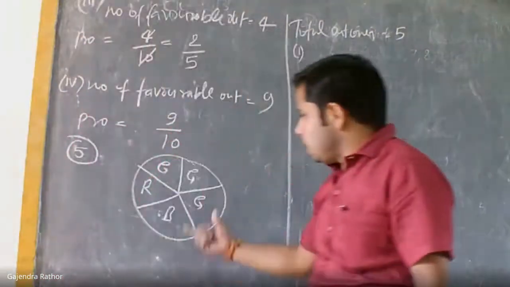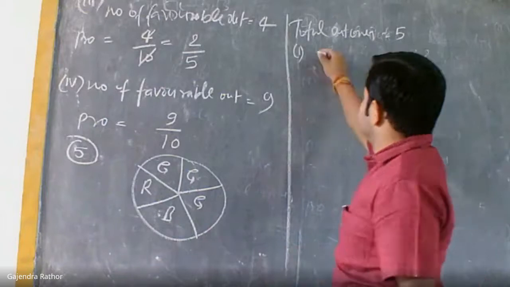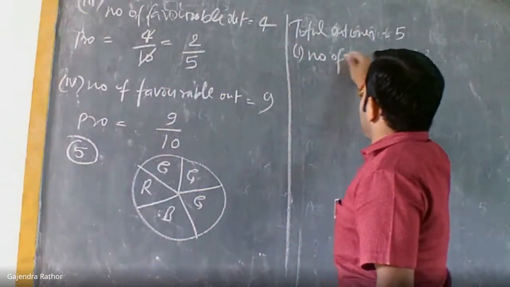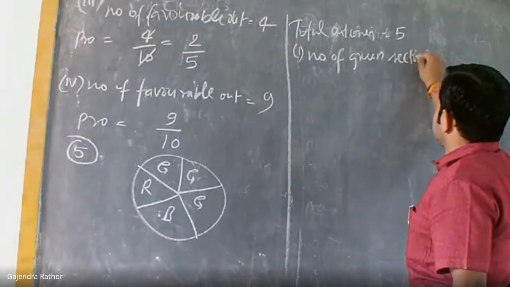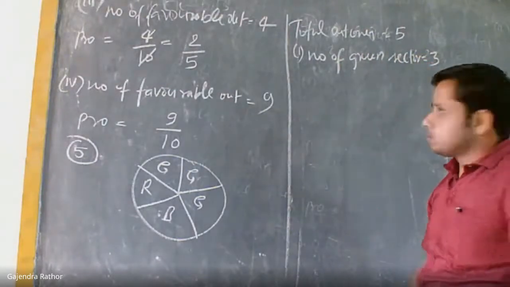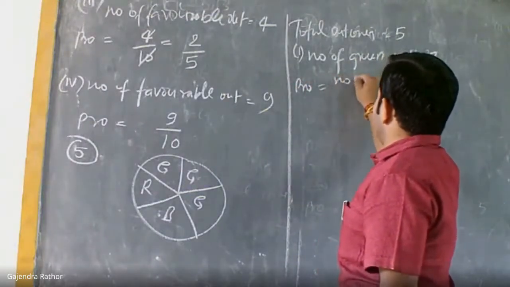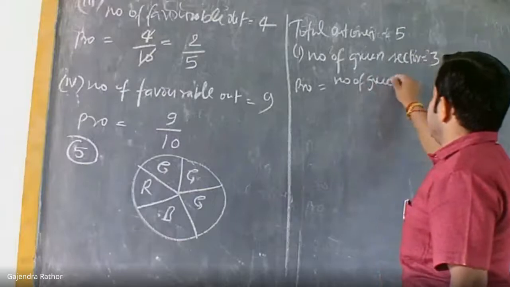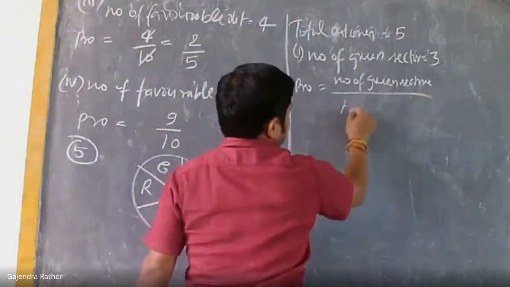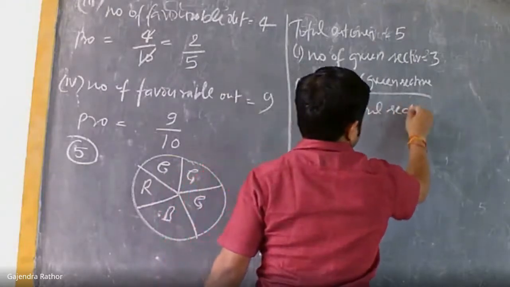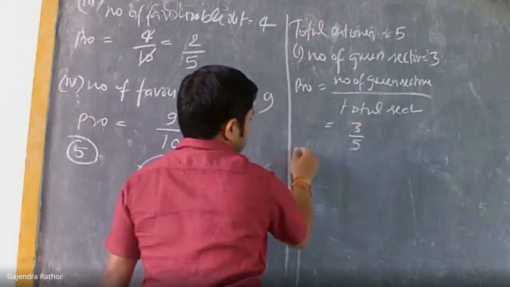Yes, there are only 3 green sectors: 1, 2 and 3. So the number of green sectors is equal to 3. So now probability is equal to the number of green sectors divided by total sectors, which is equal to 3 by 5.